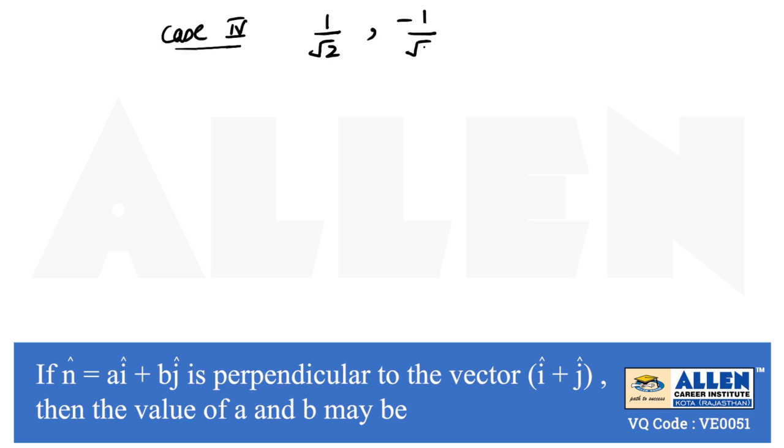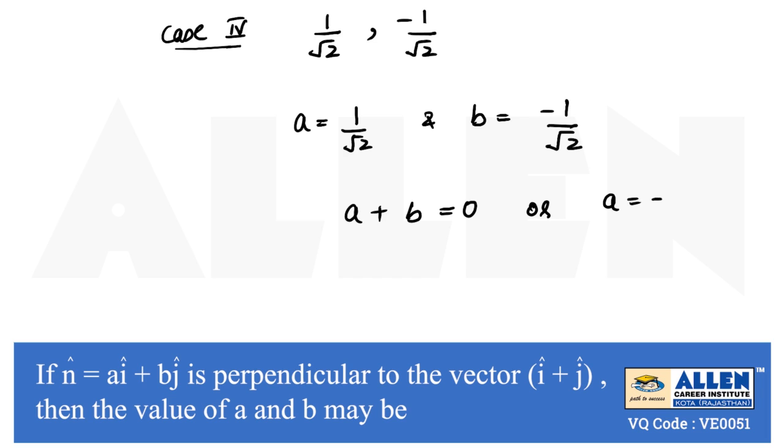If we consider a equal to 1 by root 2 and b equal to minus 1 by root 2, we can see a plus b will be equal to 0, or a will be equal to minus b. Therefore, this is our case. So, the answer to this question, that is the value of a and b, is 1 by root 2 comma minus 1 by root 2. Thank you.